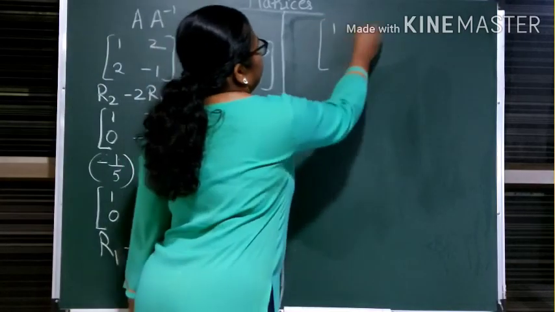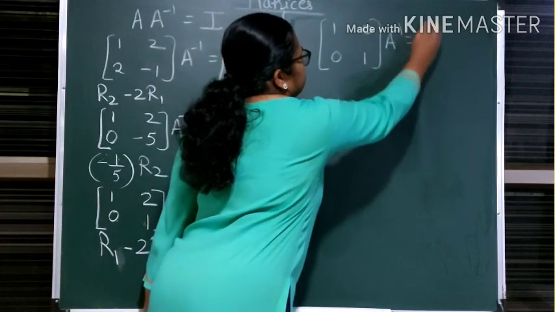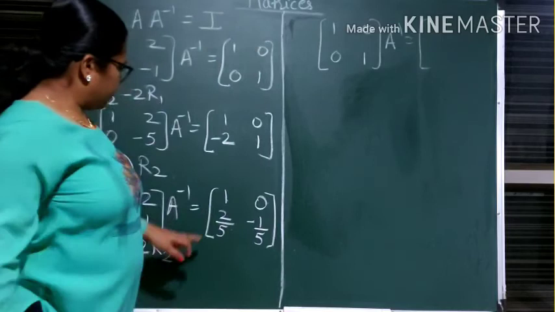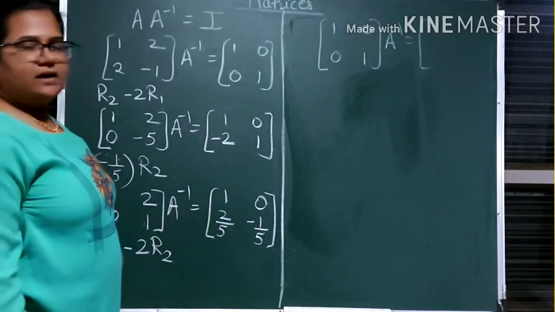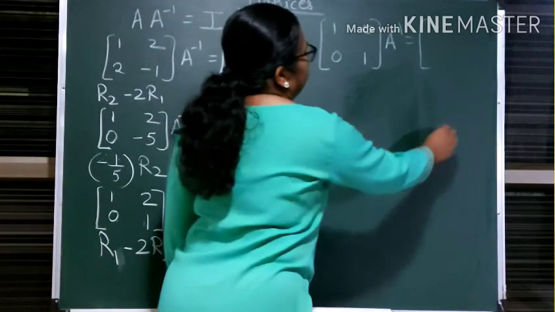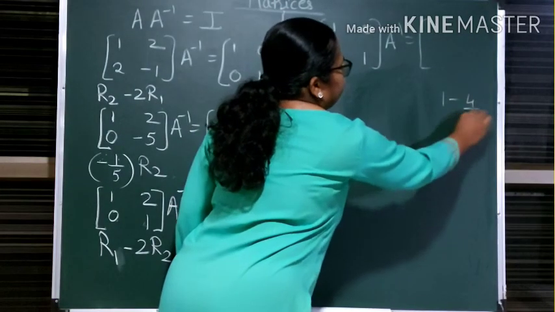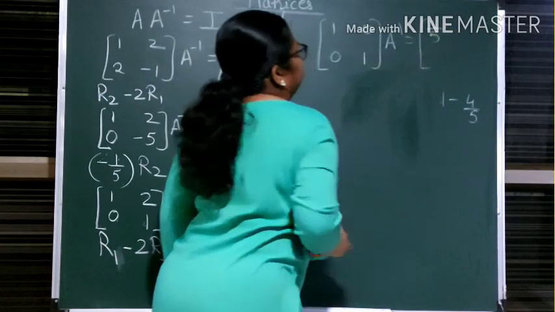So this will become 1, 0, 0, 1 into A inverse is equal to. Now the first row is changing. So R1 is 1 minus 2 into 2 by 5. 2 into 2 is 4. 1 minus 4 by 5 is what? 5 minus 4 is 1, so here you get 1 by 5.